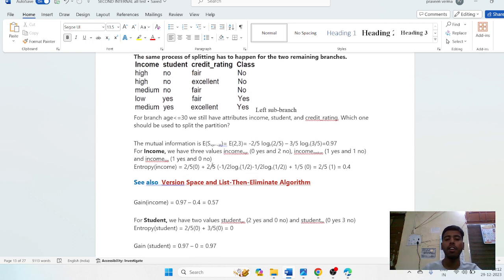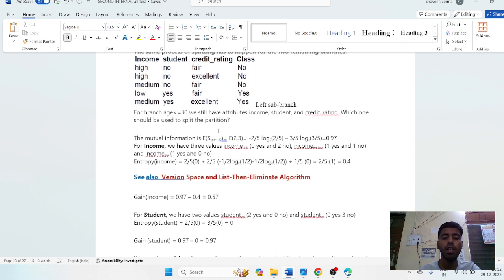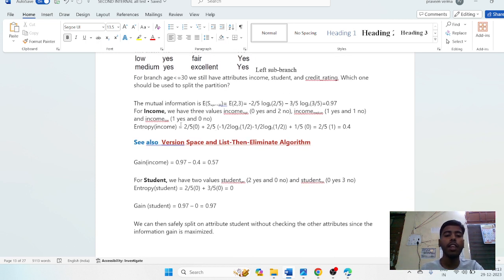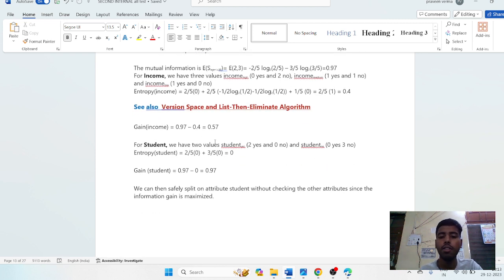Again, because it contains entropy, we split this table again, and we use the formula of information gain again. For income, we have three values. Entropy of income is 0.4, and gain of income is 0.57, and gain of student is 0.97. So 0.97 is greater than 0.57.